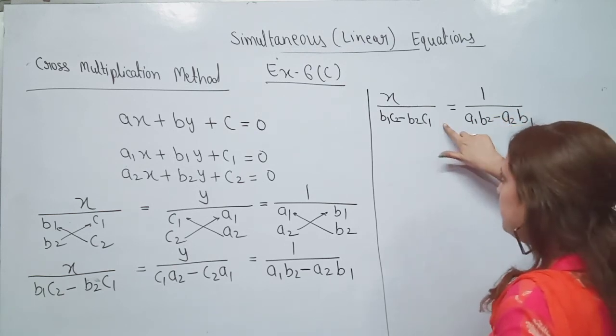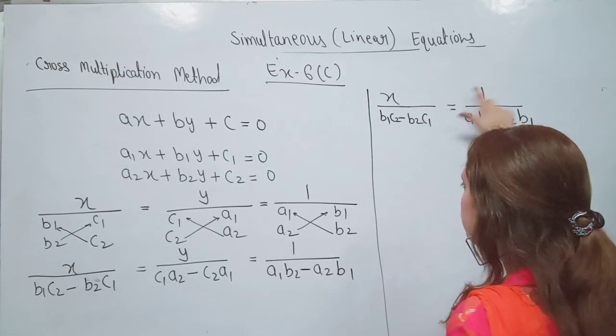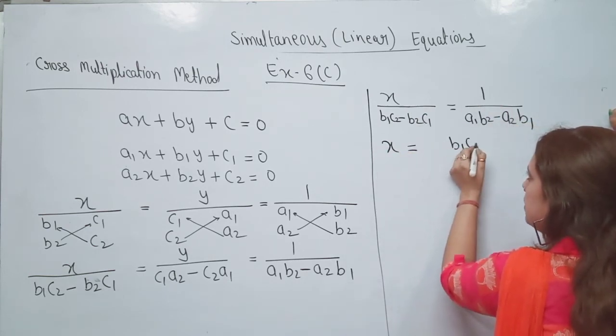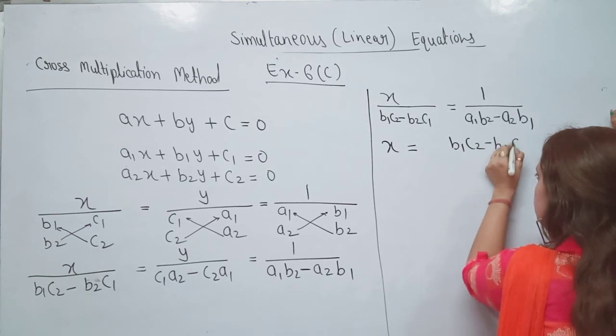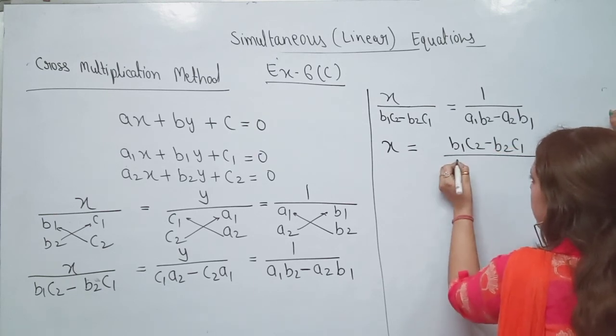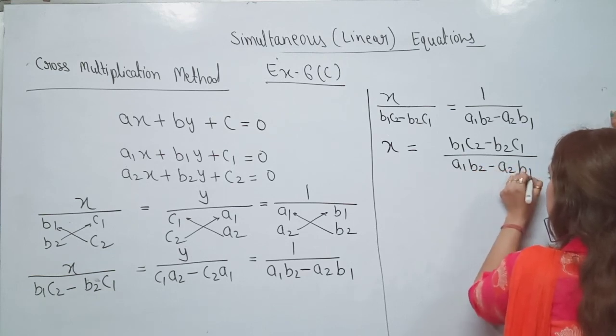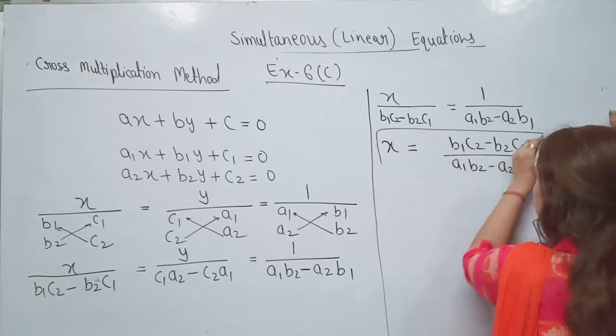Now, finding the value of x, we do the cross multiplication. So x is equal to b1 c2 minus b2 c1 upon a1 b2 minus a2 b1. This is the value of x.